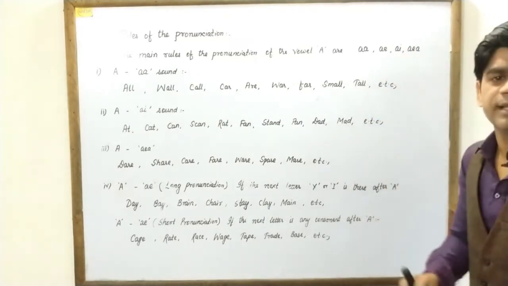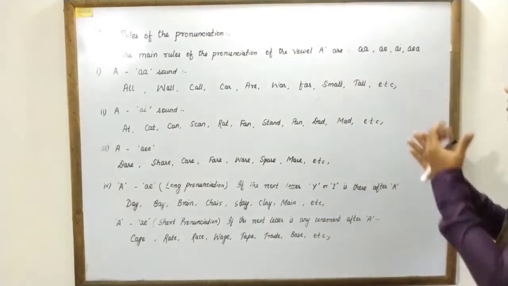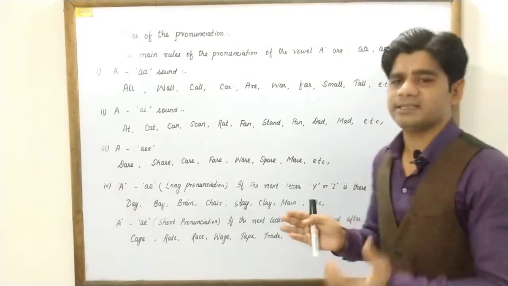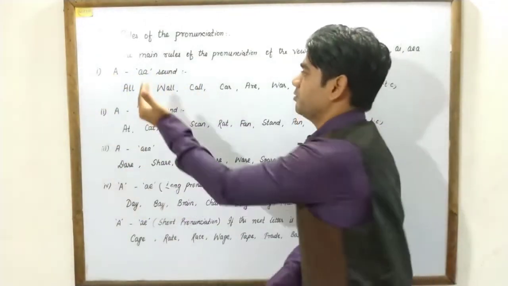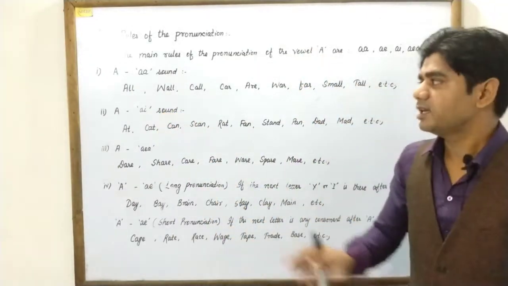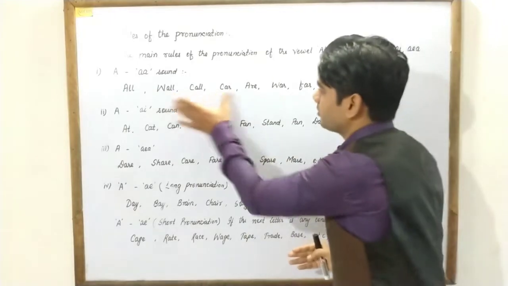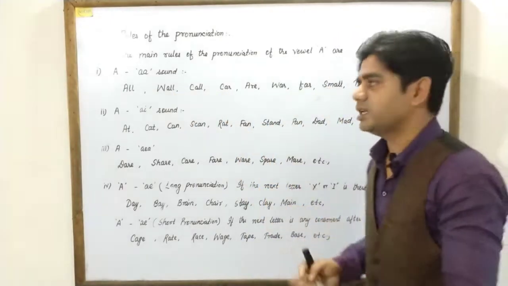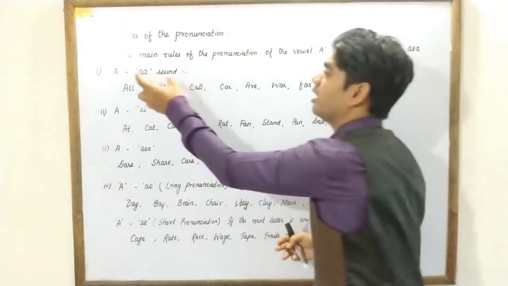Sometimes there are some words that contain letter A and it produces a sound. All these sounds we will be studying one by one in detail. Now the first one. Here we have the letter A that produces a sound. We will be studying some words that contain letter A and it's producing that sound.